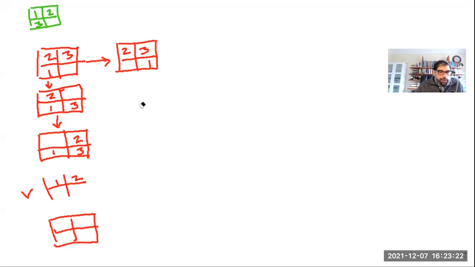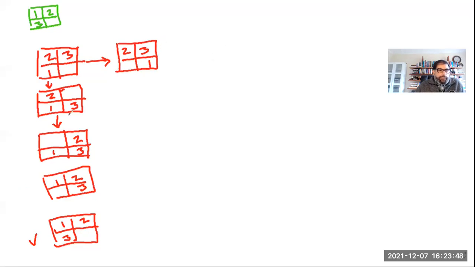This 3 is not here. So from this state, 3 was here, right? So I pushed 1 up and I got to this state. And from here, you can easily see that I can just move 3 to the left and I'll come to the desired state. This is the desired state, right? No, this one over here.